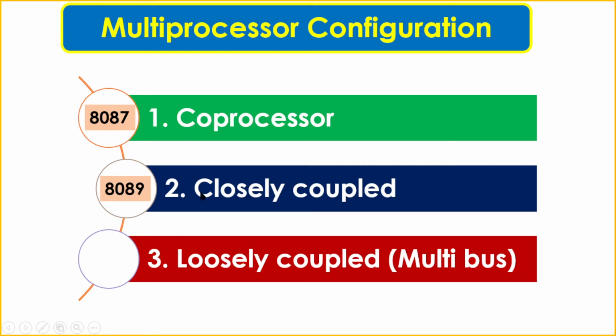The next category is closely coupled and loosely coupled. These two are connecting methods. Even though we are connecting a coprocessor with the microprocessor, how will the coprocessor be connected with the microprocessor? Because in a system, the memory and I/O devices are common for both the 86 processor as well as the coprocessor. So how will both processors share the commonly connected resources?